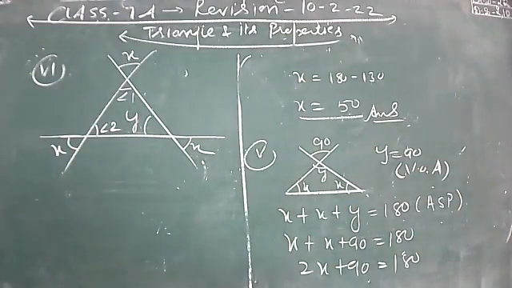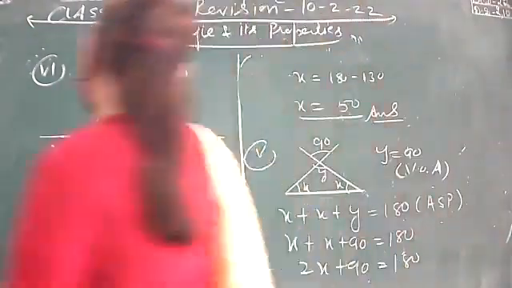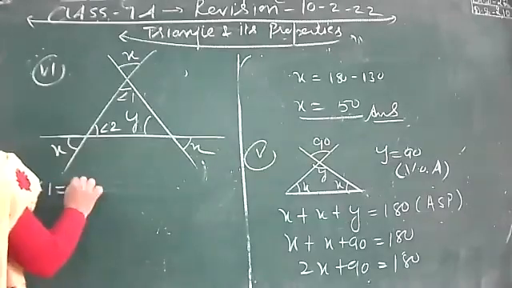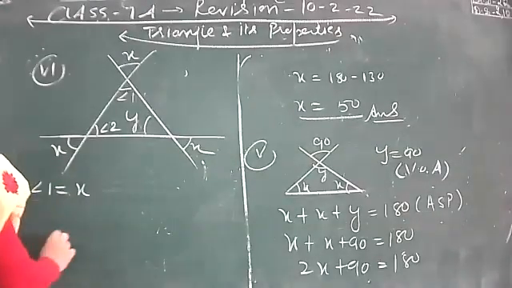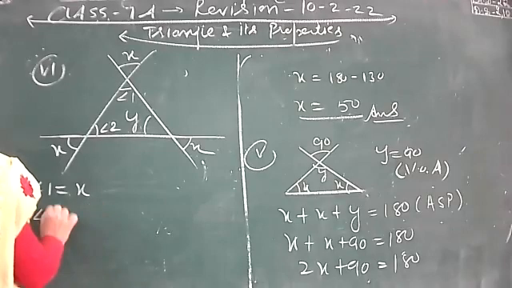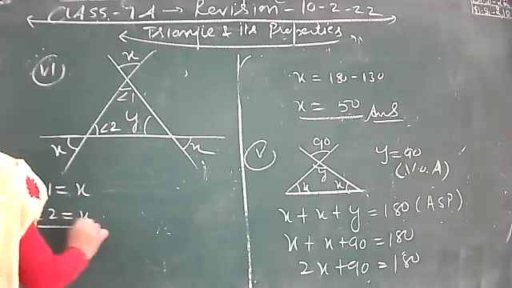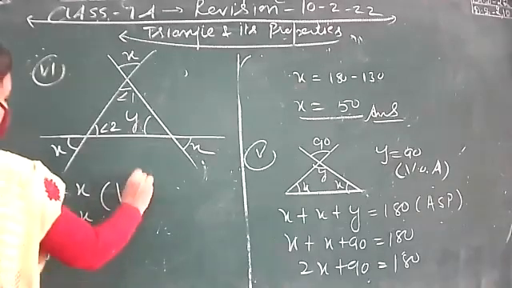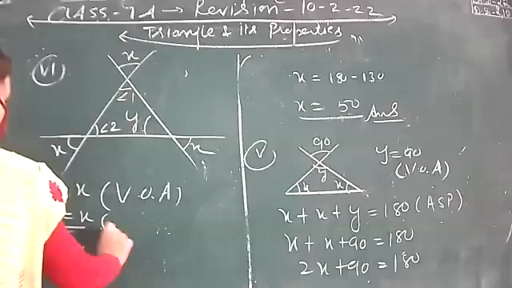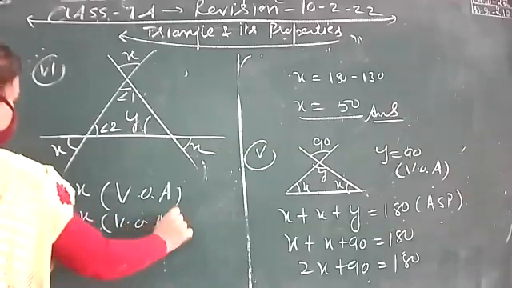Now we will use the concept of vertically opposite angles. So angle 1 is equal to angle x, vertically opposite angle. Angle 2 is x, vertically opposite angles. And even y is equal to x using the concept of vertically opposite angles.